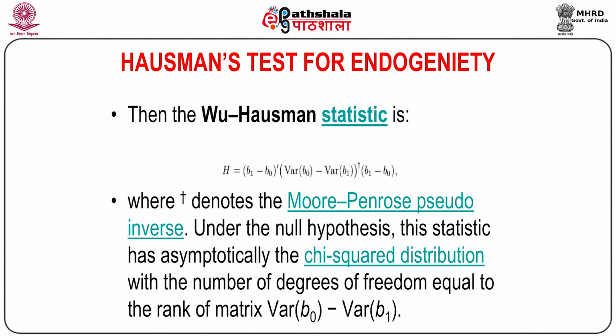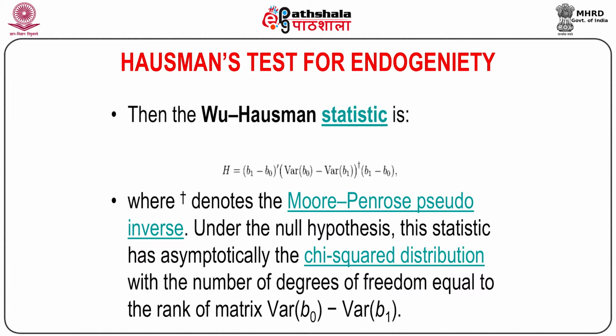Then the Hausman statistic is defined as H, which is equal to (b1 minus b0) prime, times the inverse of (variance of b0 minus variance of b1), multiplied by (b1 minus b0), where plus denotes the Moore-Penrose pseudo inverse.